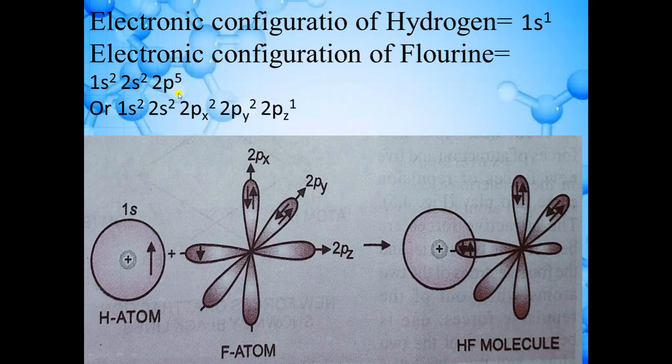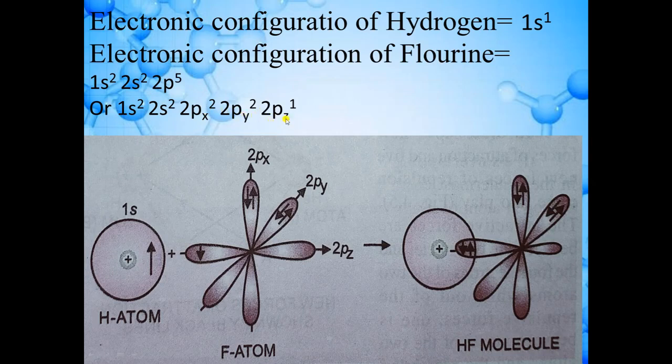A total of 6 electrons can be present in the 2p orbital, but here this is fluorine, so 5 electrons are present in the 2p orbital. You can write 2p5 in this way: 2px2, 2py2, 2pz1. As you can see here, a total of 5 electrons are present in the 2p orbital. So you can write the electronic configuration in this way or in this way.